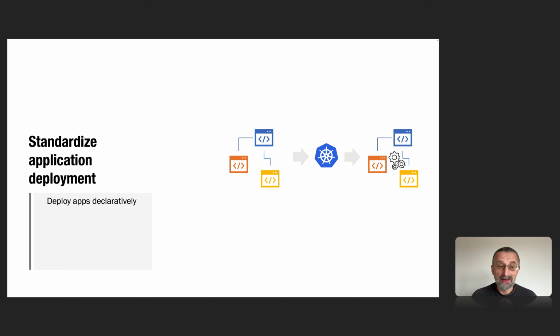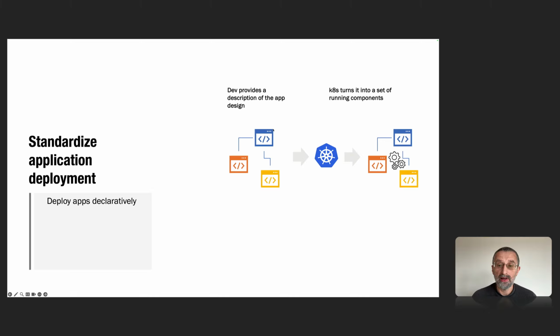Moreover, you may standardize application deployment because applications are deployed declaratively using configuration YAML files. Yes, so the developer provides a description of the app design. For example, if the app is created as a set of microservices or containers, you may describe those connections in the configuration file declaratively, and then Kubernetes turns it into a set of running components for you.